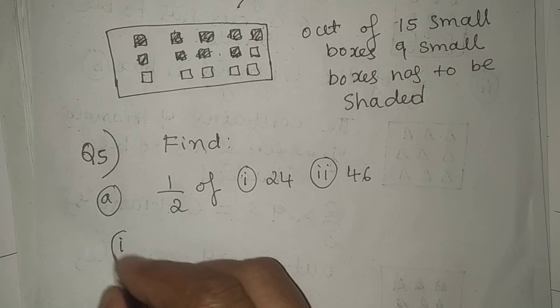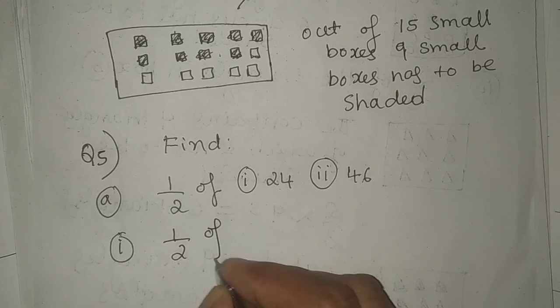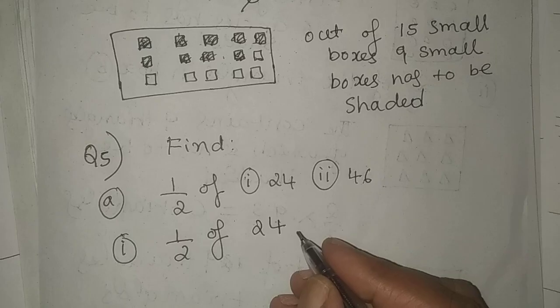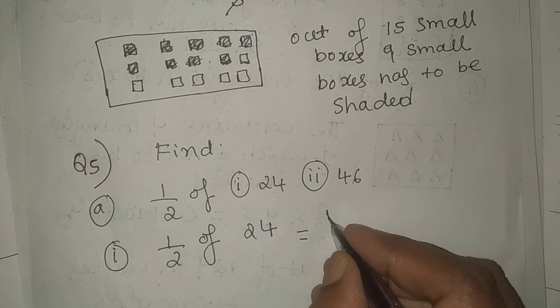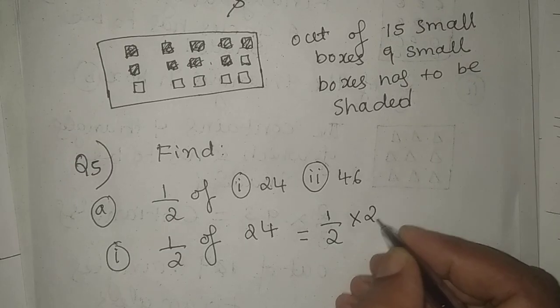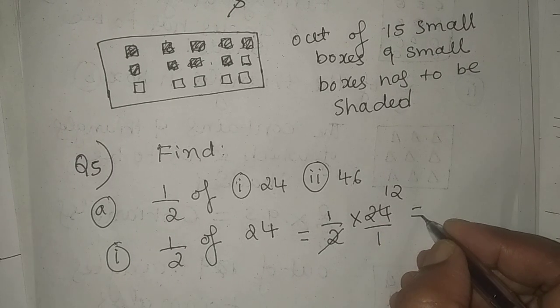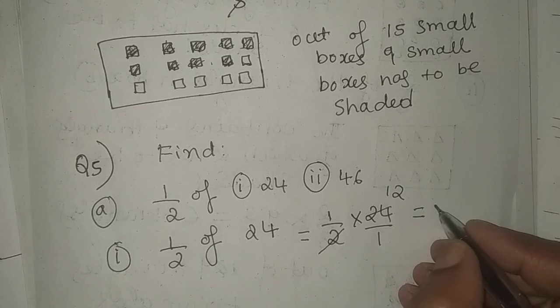First we will take this one, of 24. Of 24 is equal to, like this you have to write, of into 24 by 1, 2 ones are 2, 2 twelves are 24, which is equal to 12.